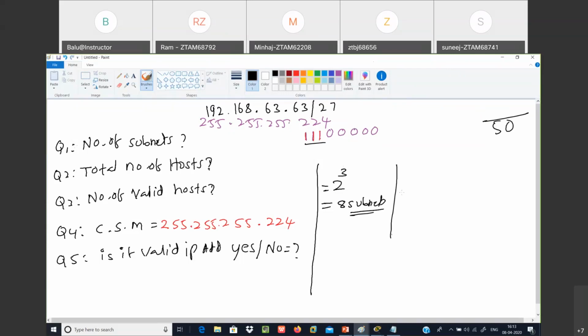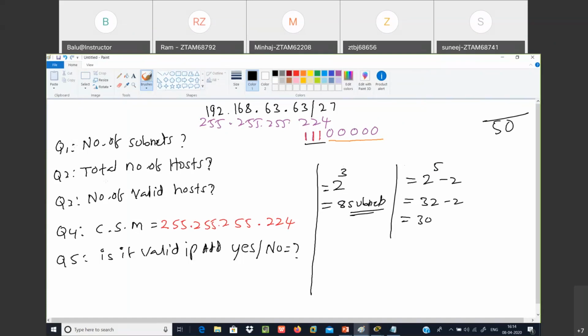Right. Question number 2. Total number of hosts. The total number of hosts is 2 power number of host bits. How many host bits are available? 1, 2, 3, 4, 5. So 2 power 5, which is 32, and 2 power 5 minus 2 is 30.